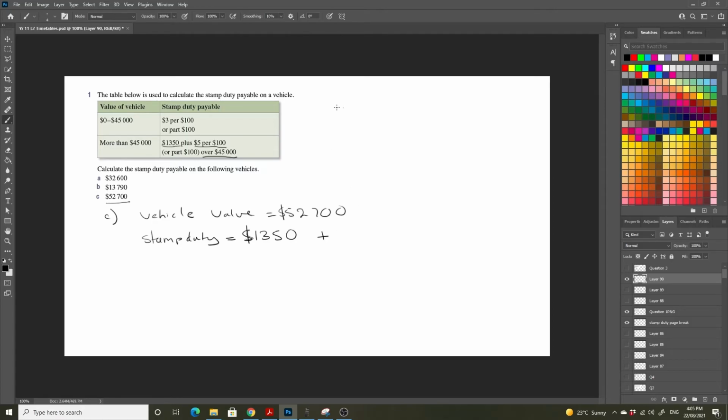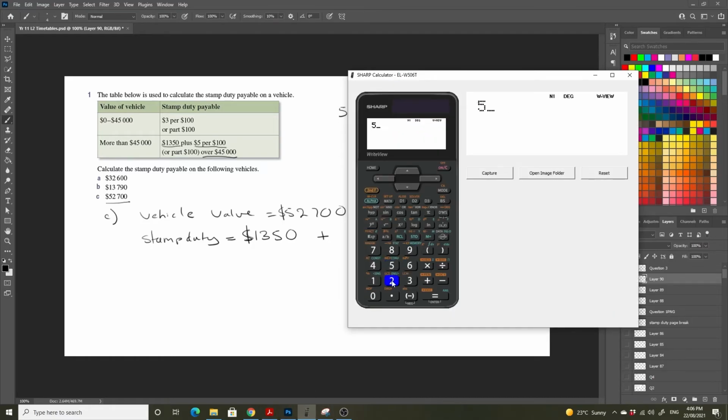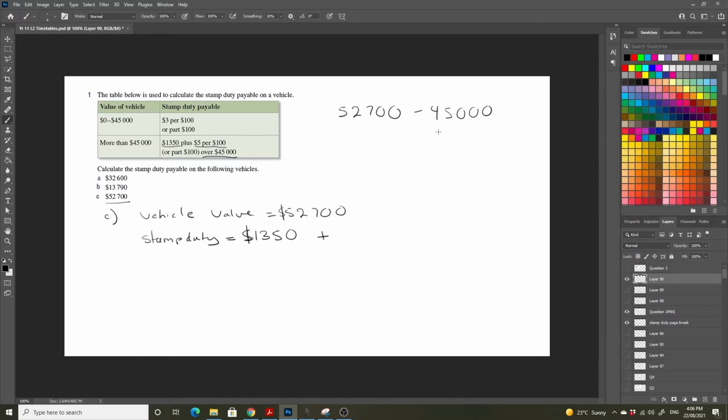That's $52,700 minus 45,000, which is $7,700. We multiply this number by the rate of $5 per 100, or 5 over 100, or 0.05, so $7,700 times 0.05, plus $1,350.